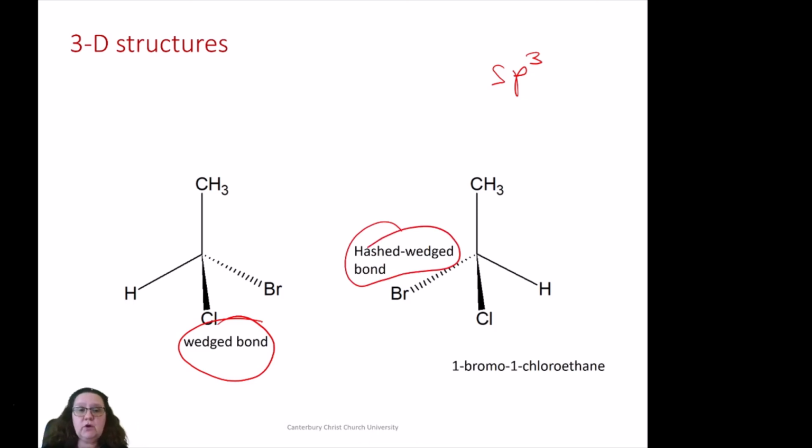What the wedge bonds represent is that particular substituent, that particular atom, that particular part of the molecule, is pointing towards you. And when you use a hash wedge bond, what it represents is that the particular atom or section of the molecule attached to that hash wedge bond is pointing away from you.